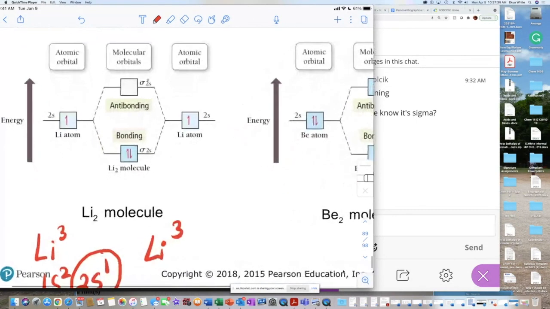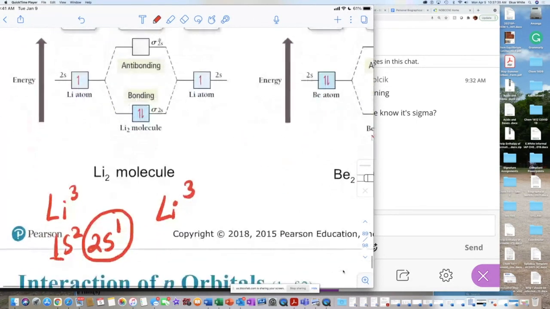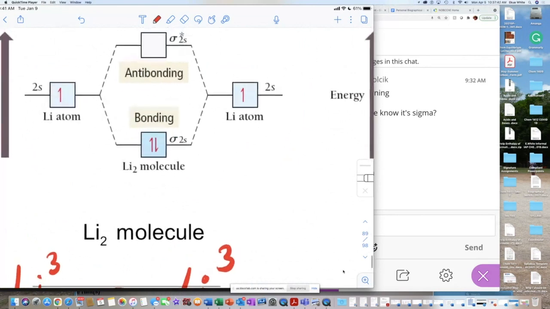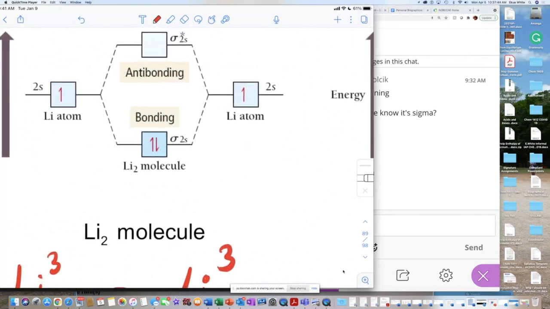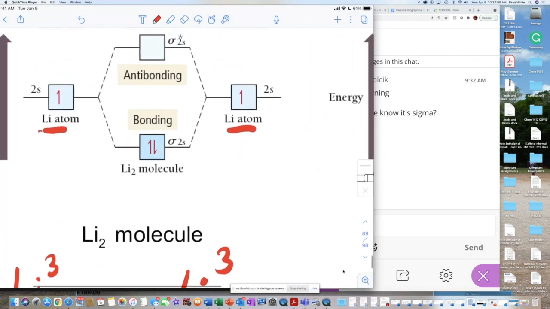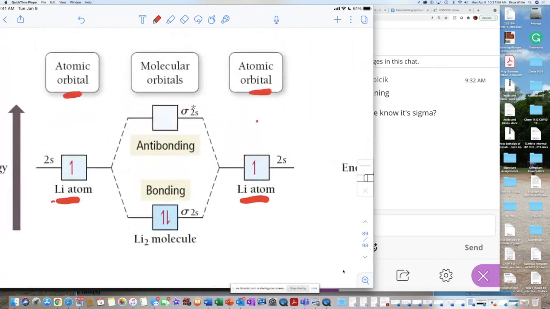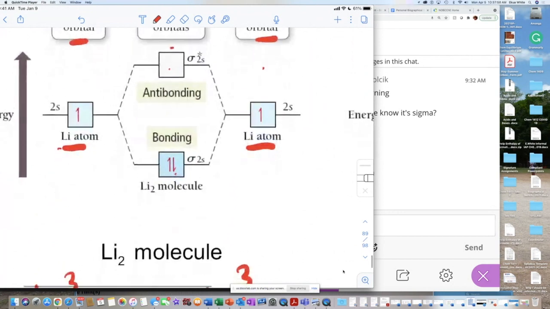So you can see they're showing you just the 2s level where the 1 electron is. This part here is not shown. Okay. So the 2s level for the lithium, same thing. You have one lithium atom on the left, one on the right. And then when you make the molecule, the molecular orbitals, they label them right here, the 2 go in the bonding, there's 0 in the anti-bonding.